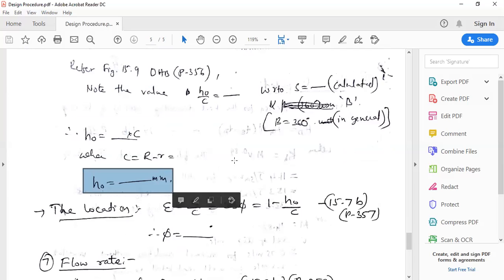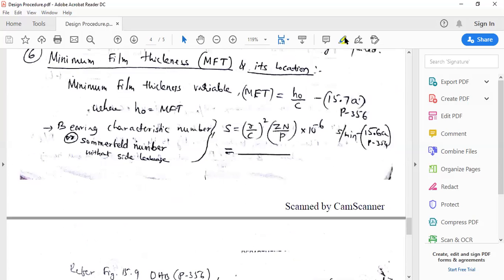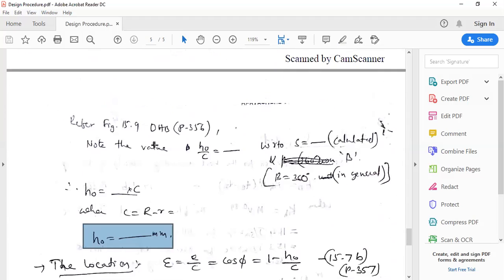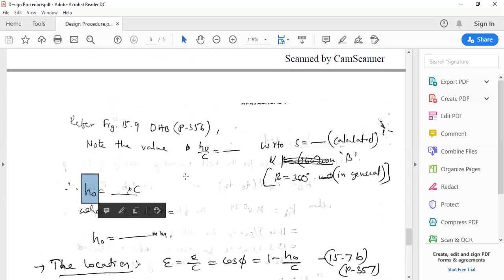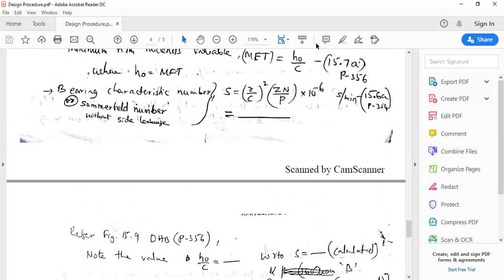So to calculate minimum film thickness, we have to calculate the Sommerfeld number, and with respect to the Sommerfeld number, we have to use figure 15.9. From figure 15.9, based upon the Sommerfeld number and beta value, note down the value of h naught by c, and then get the value of h naught by multiplying that value by c. So this is in mm.